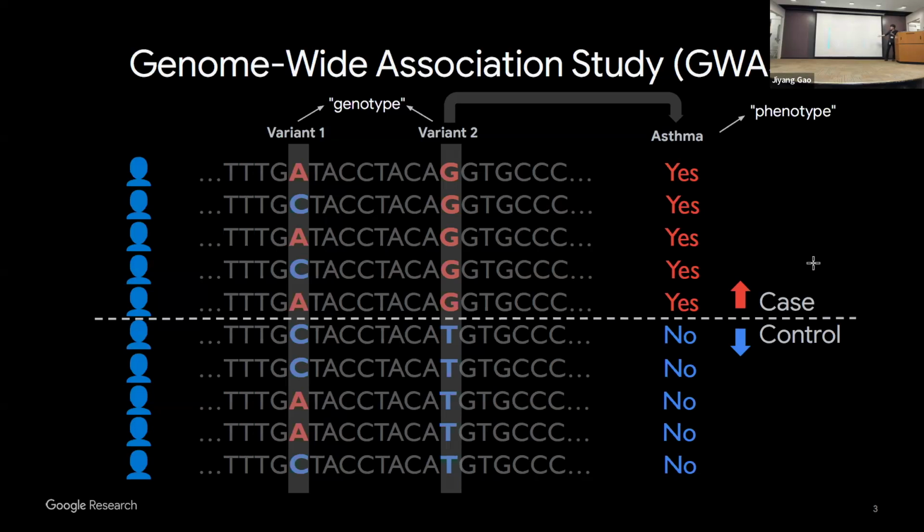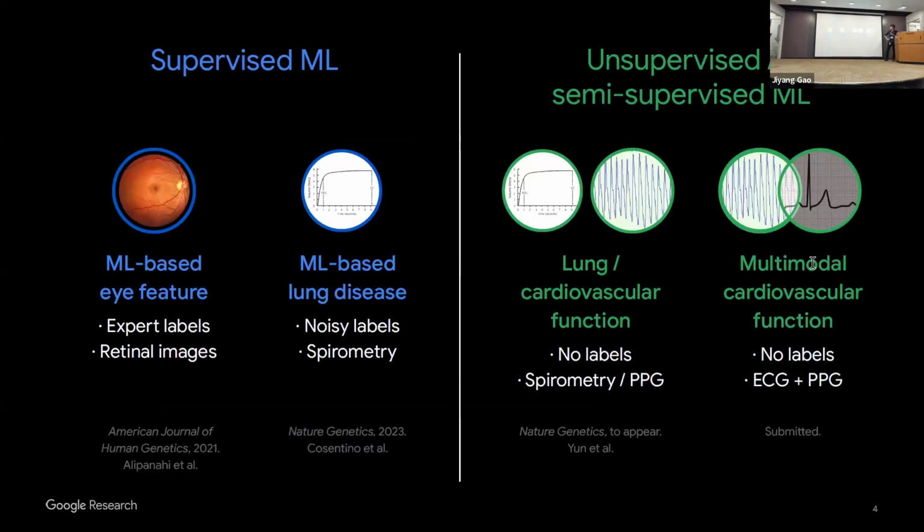In this very simplified example, you can guess that maybe that variant position has something to do with asthma because they share this specific pattern. GWAS, the genome-wide association study, is doing this at a large scale and trying to find association between a disease and your genetic positions.